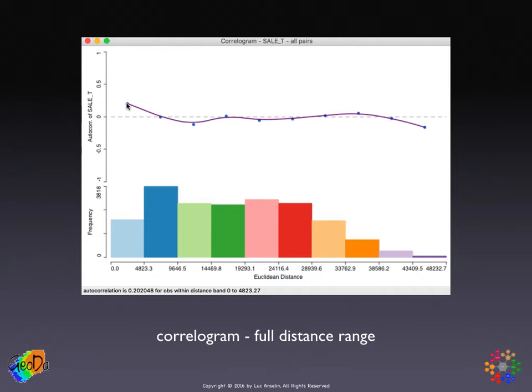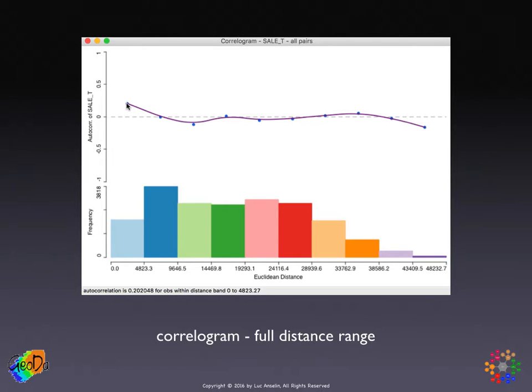As we go to larger distances, the autocorrelation should be ignored because it often switches from positive to negative, and for large values it really should be zero according to Tobler's law.